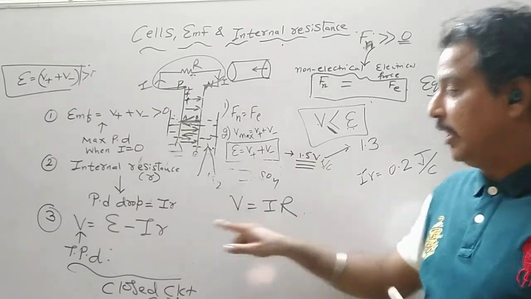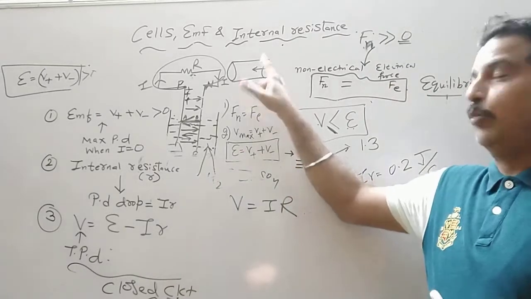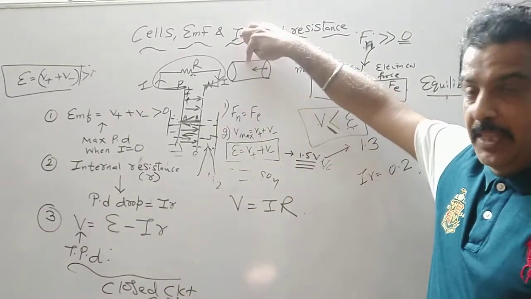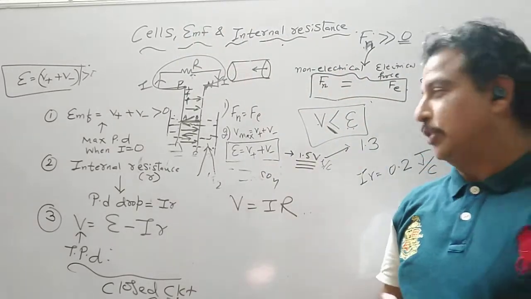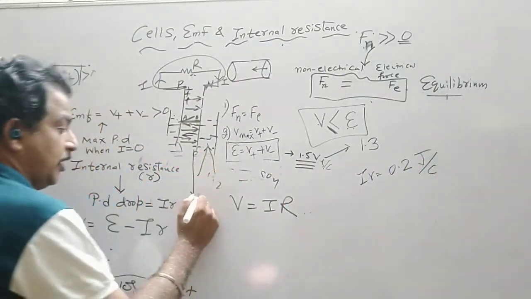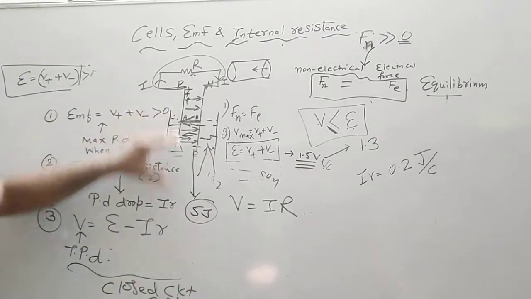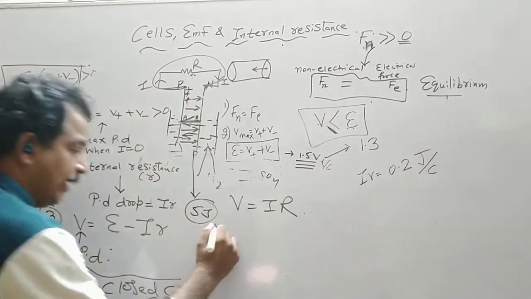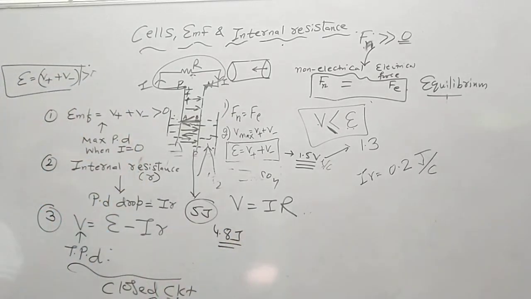So as we have an opposition to the motion of the ions, there is an opposition that we know. So how much voltage will drop across it? Say there is a chemical energy of 5 joule, and I am getting say 4.8 joule. So where has this 0.2 joule gone?